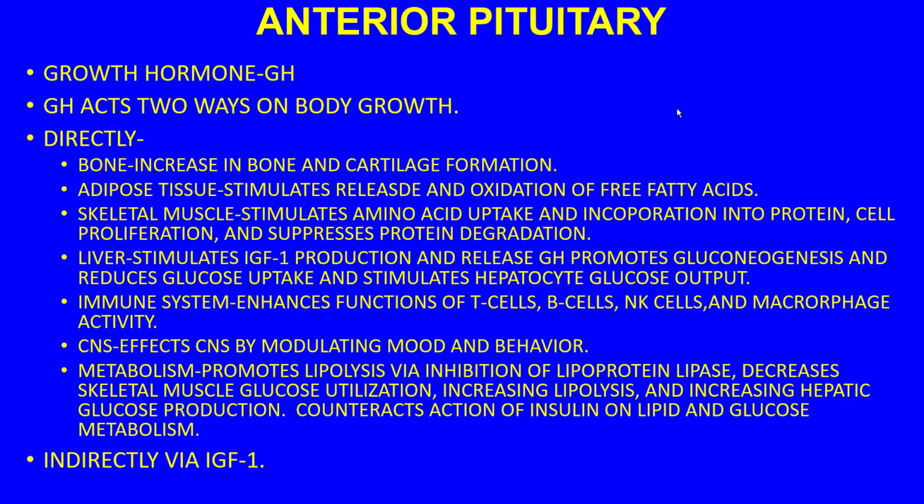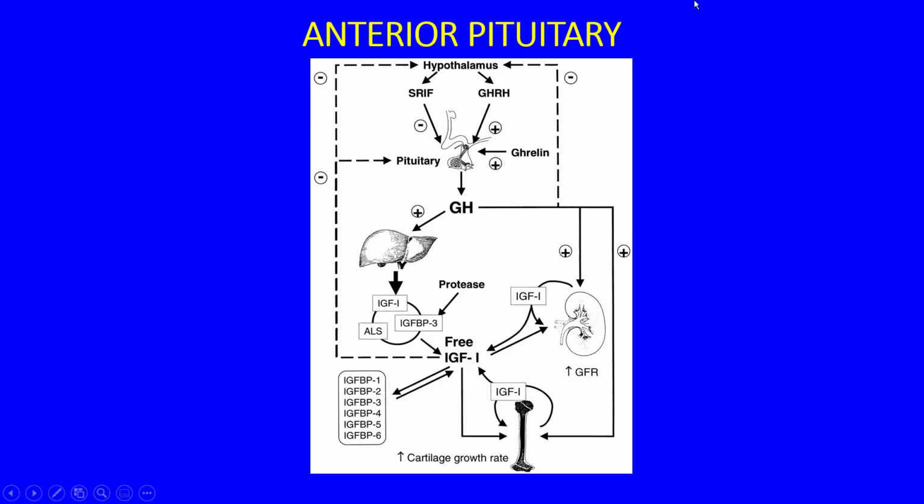Now, that said, you can see this here. Ghrelin, we'll talk about probably in a couple of weeks. This has been best known as something found in the stomach, but let's take a look and focus first on GH. It will act on the liver. It will cause the release of IGF-1.